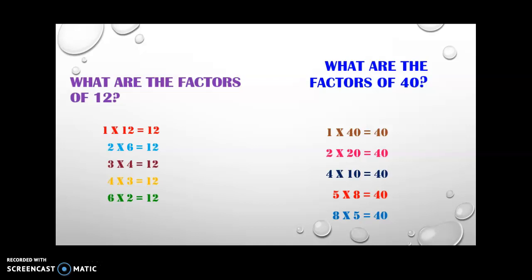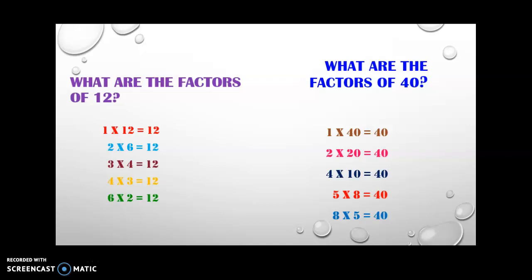And our second question, what is the product? Anybody raise your hand? Okay, Sam, what is the product of our second question? 40, that is correct.